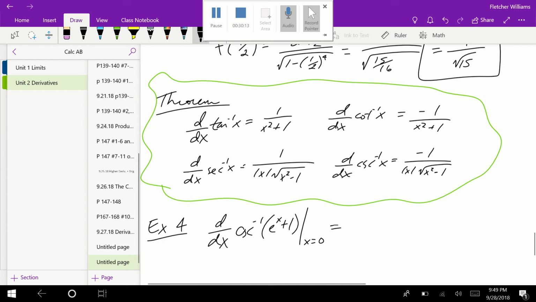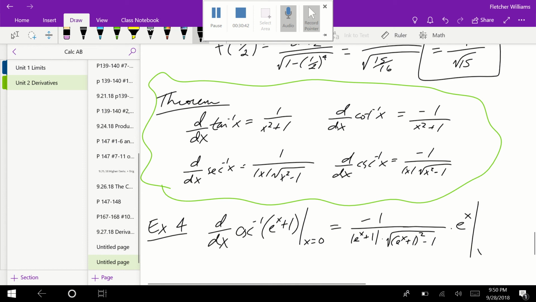So following your cosecant inverse derivative formula I just gave you, it would be negative 1 over absolute value of x, but in this case it's e to the x plus 1, times the square root of x squared, so that'll be e to the x plus 1 squared minus 1. Now times all of that times the derivative of the inside, which just turns out to be e to the x.